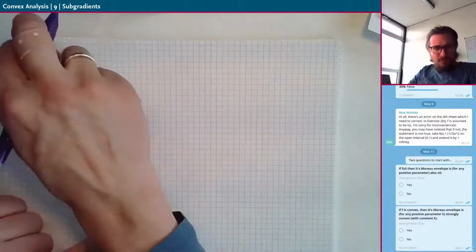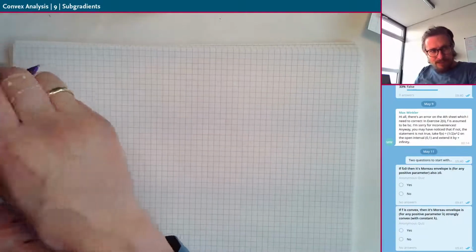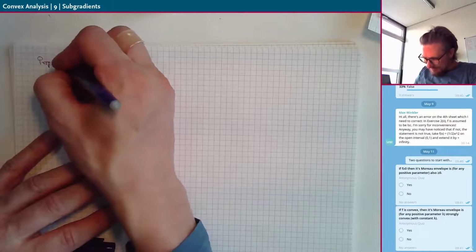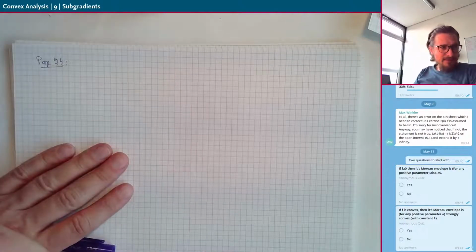Okay, so now for the interplay between directional derivatives and subgradients.